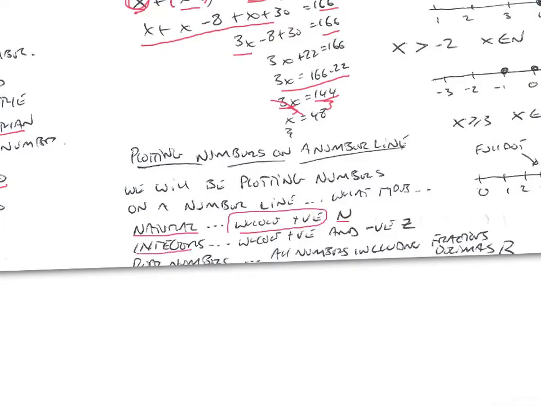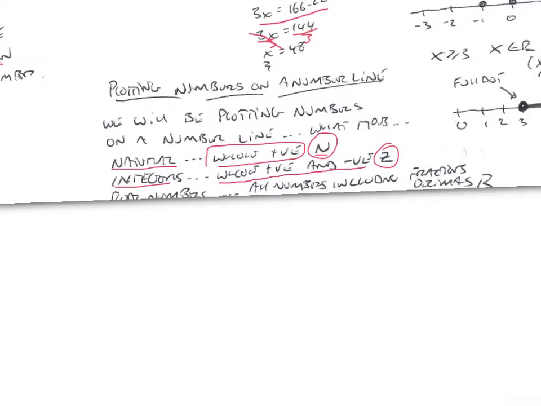There'll be the integers, which are the whole positive and negative numbers from the set of integers which we note by Z, and N for the natural numbers. And we'll also be talking about real numbers. Basically, real numbers are all the numbers, including fractions, decimals, natural numbers, integers, all the numbers. And a capital R signifies the set of real numbers.